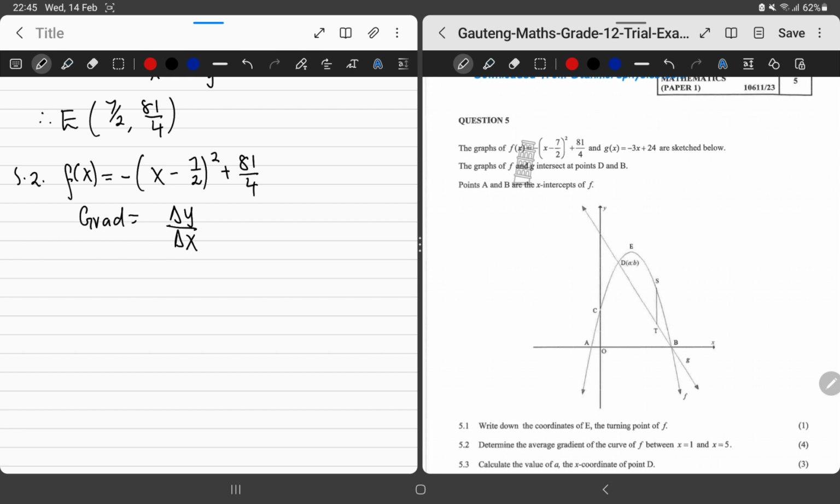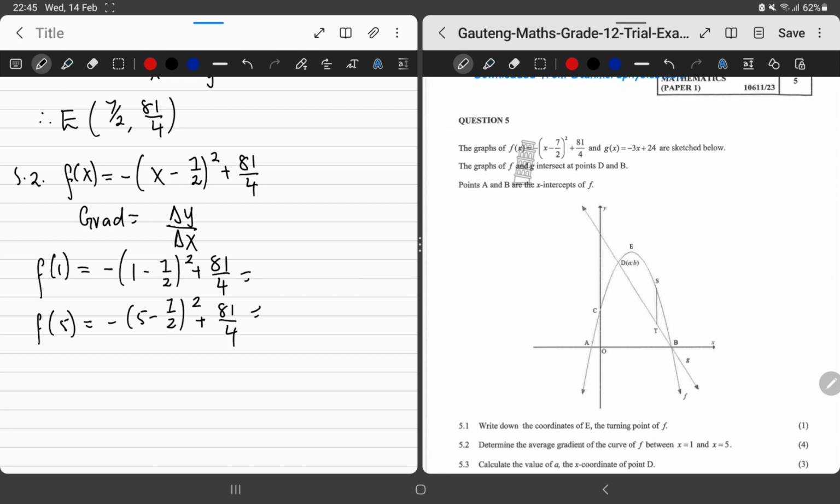So I need to know what the y values are when x equals 1 and when x equals 5. I'm just going to substitute x equals 1 into f: negative (1 minus 7/2) squared plus 81/4. And I'm also going to substitute x equals 5: negative (5 minus 7/2) squared plus 81/4.